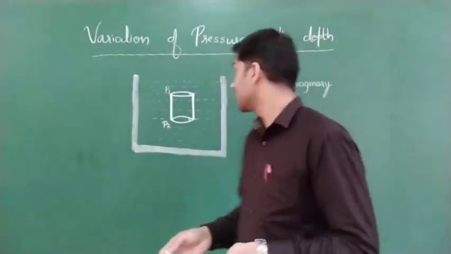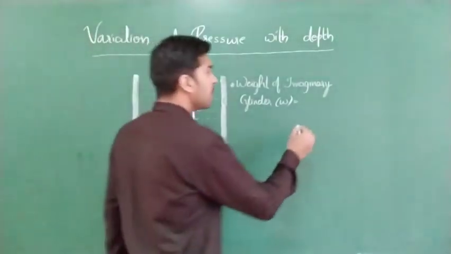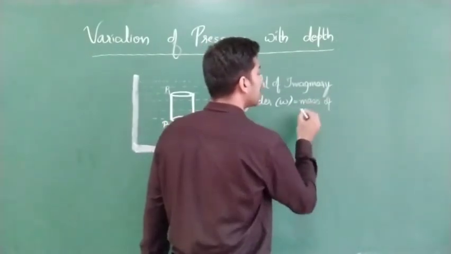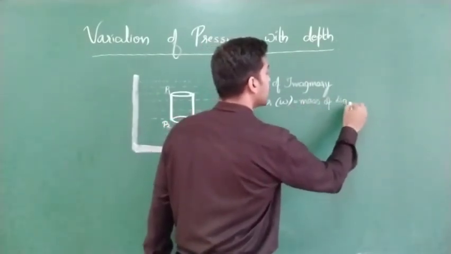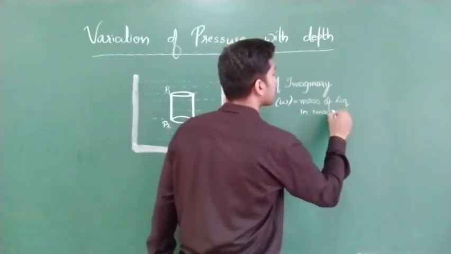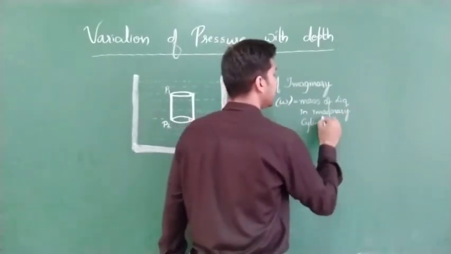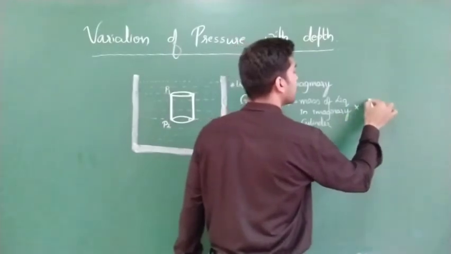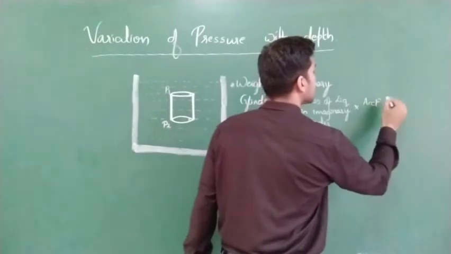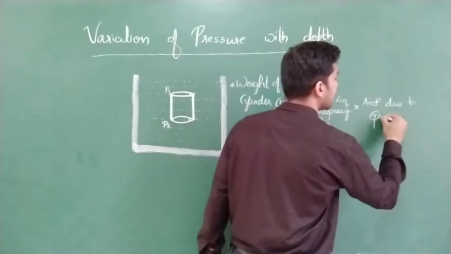I hope you are getting it. So the weight of the imaginary cylinder is the mass of liquid in the imaginary cylinder into acceleration due to gravity.